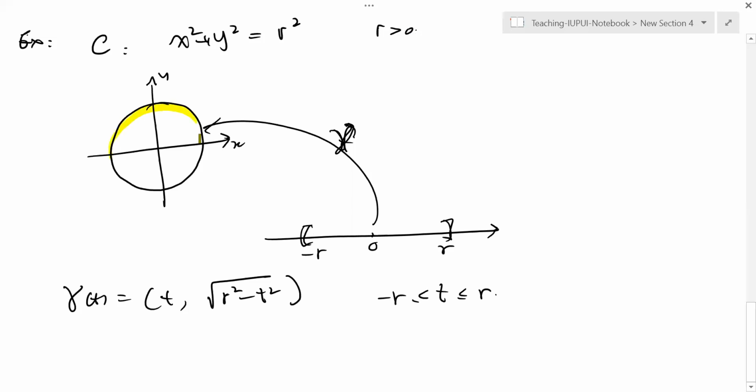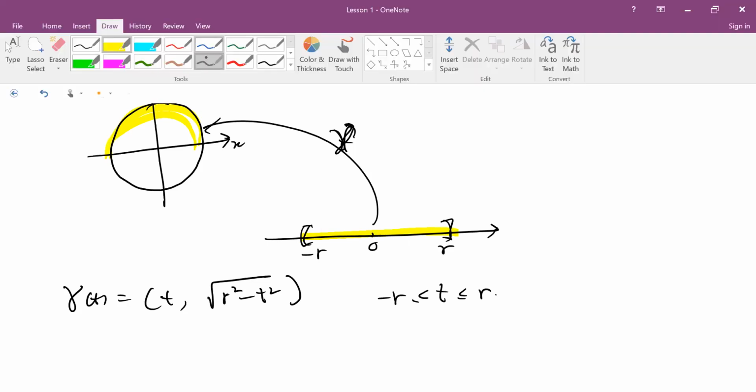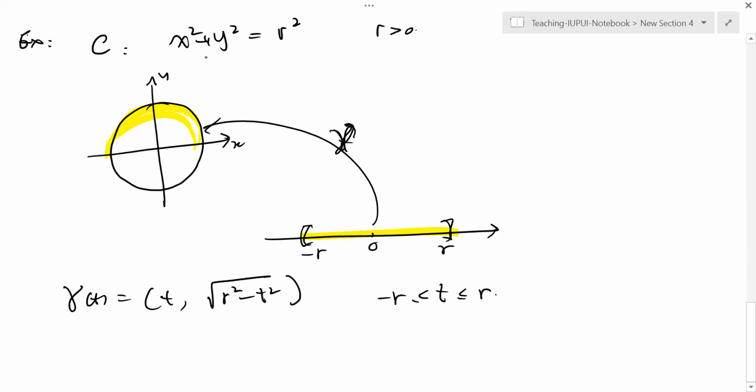And this is the curve you're going to get. Okay, so that tells you, you do find a parameterization.